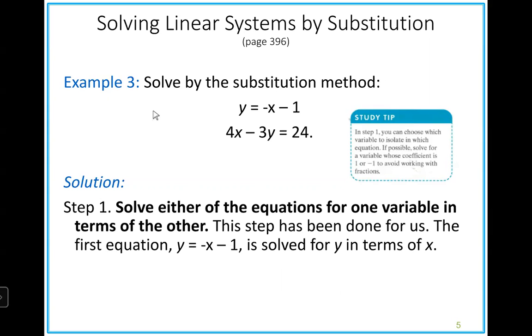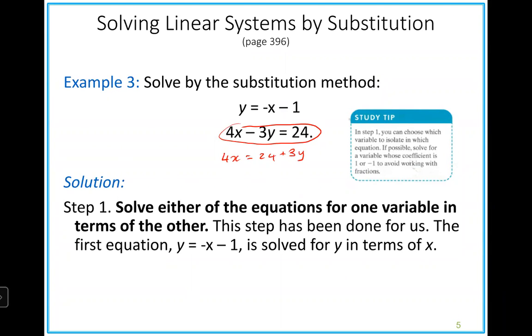All right. Now you'll see in this study tip, it says in step 1, you can choose which variable to isolate in which equation. If possible, solve for a variable whose coefficient is 1 or -1 to avoid working with fractions. So for example, if you had chosen to use this equation instead, you could have said 4x equals 24 plus 3y.